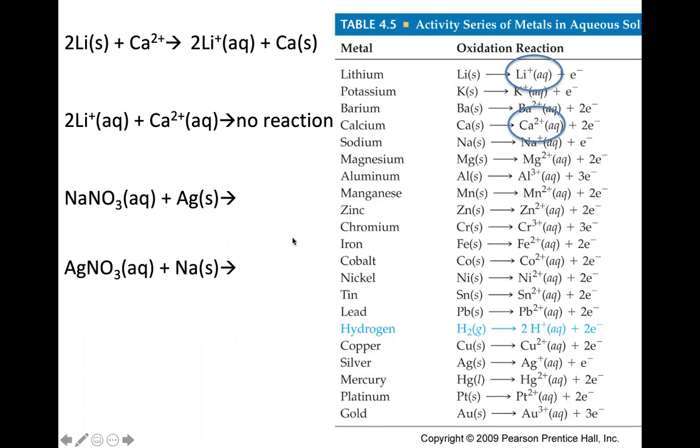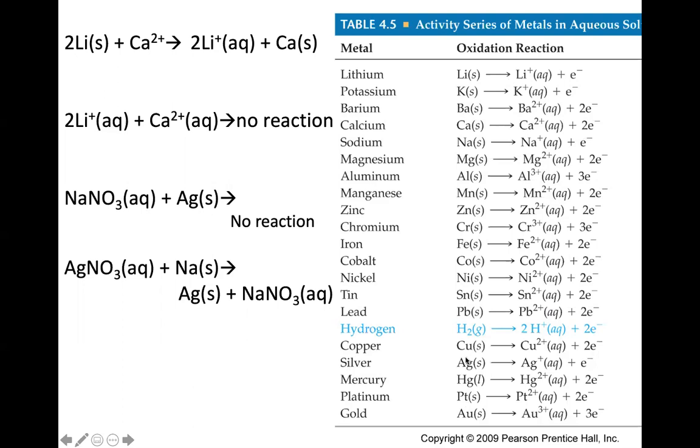As I look at these, I need to find their placement on the activity series with the provided data. I think that the first one will not take place. What is my comparison? I am looking at silver solid, and I'm comparing that with sodium ions.